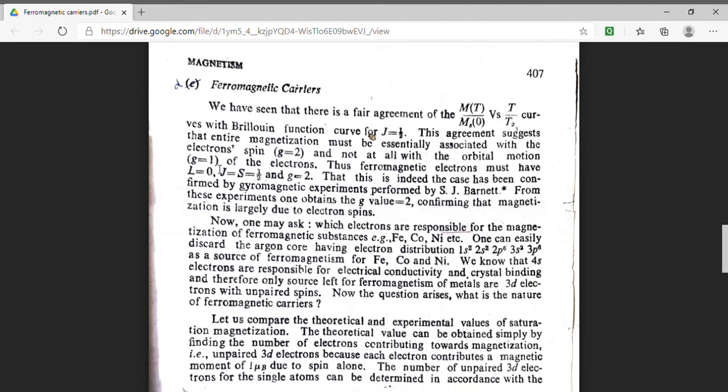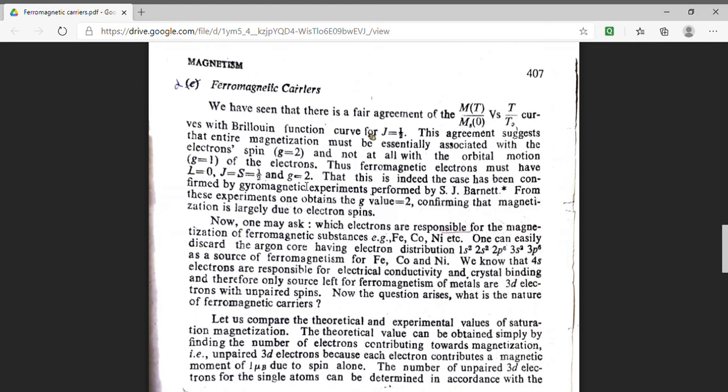So, for ferromagnetic electrons, the total quantum number J is equal to L plus S, as L is 0 since there is no contribution of orbital motion, and S is half, we get J equal to S equal to half, and Landé factor will be equal to 2, confirming that magnetization is largely due to electron spin.